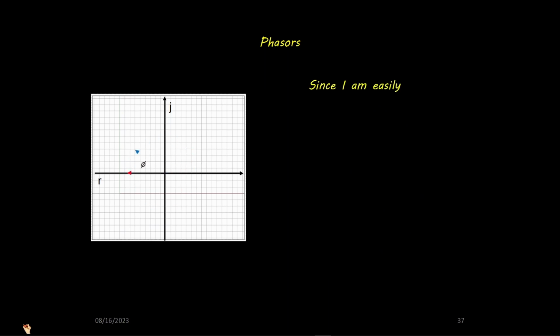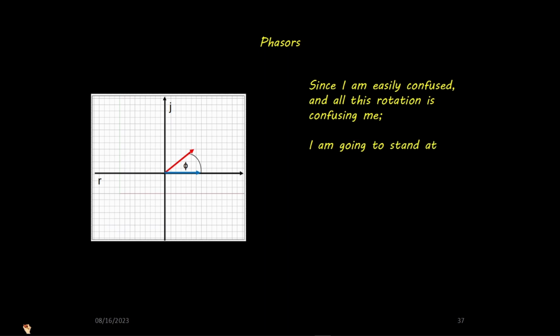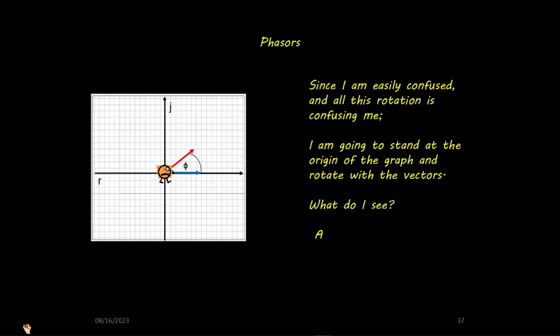Since I am easily confused, and all this rotation is confusing me, I am going to stand at the origin of the graph and rotate with the vectors. What do I see? All the vectors become stationary with respect to me.